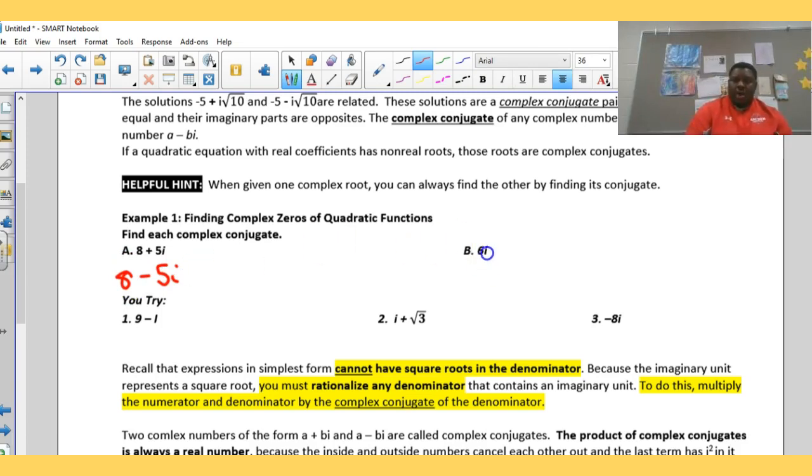Over here, you have just an imaginary part. Guys, there's no real part here, so this complex number is just an imaginary part. Again, this is a positive 6i. What needs to change to have the conjugate? The sign in front of it changes. Since this operation is positive, we're going to change the operation to a negative. So the conjugate of 6i would be negative 6i.